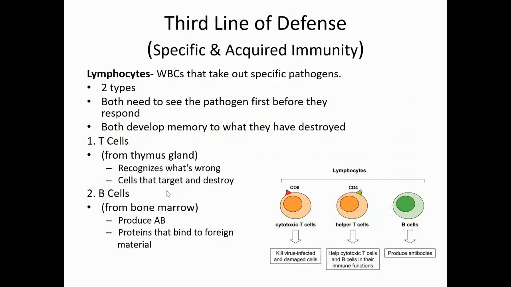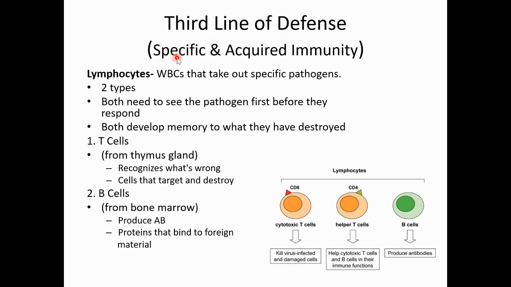Okay, so now we're talking about the acquired immunity with the T cells and the B cells. And that is our third line of defense right here. And it's specific. Remember, 1 and 2 were not specific. Specific meaning it's specific for specific pathogens.